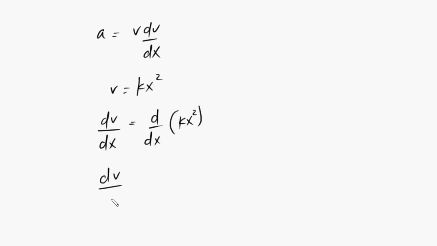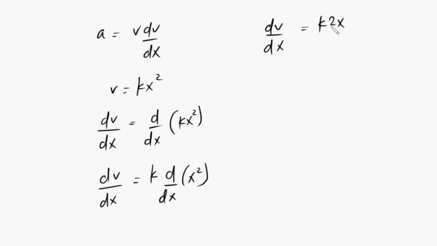So dv dx now itakuwa k naitoa nje na baki na x squared. So nikidifferentiate x squared with respect to x napata 2x, okay? So it's just gonna be k2x, it's just like 2kx, okay? So I get this one. This is dv dx.